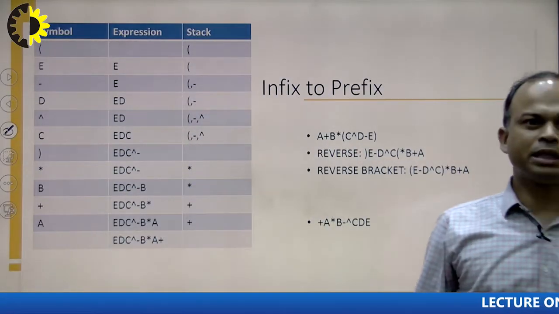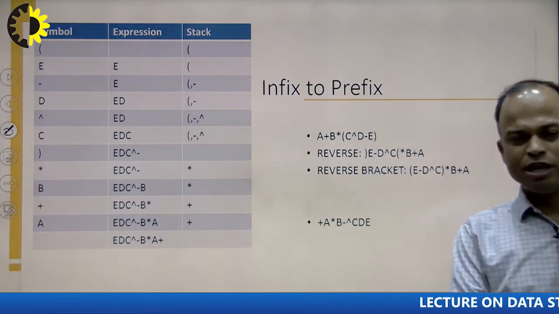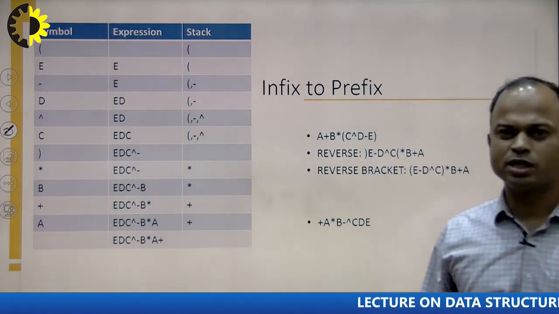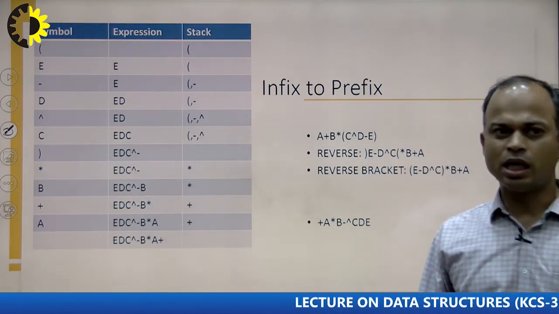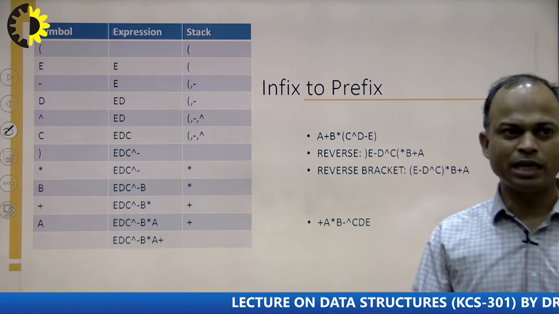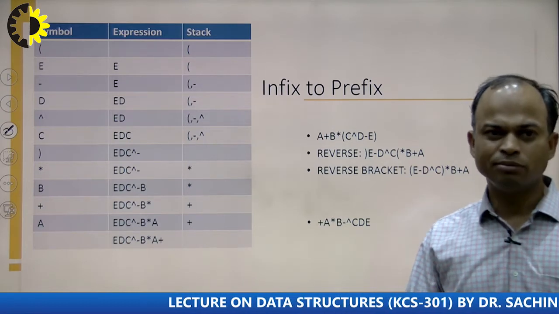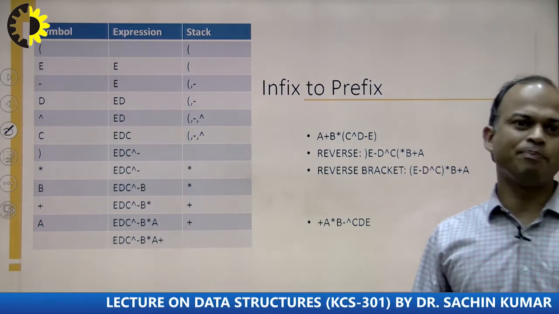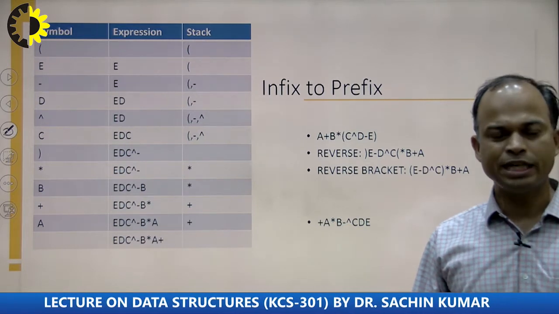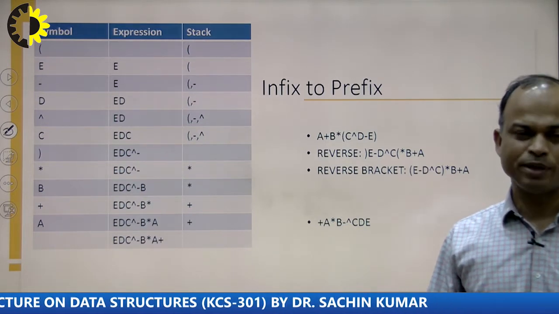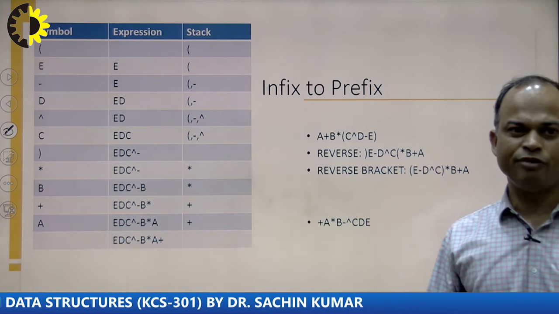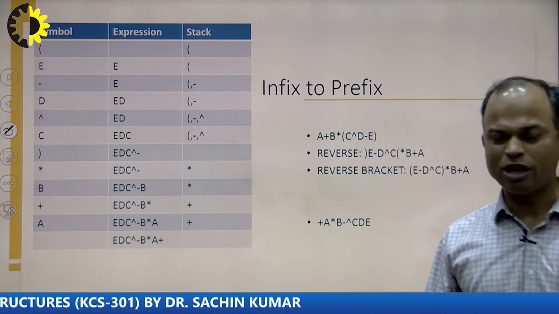Now, if we talk about the next conversion, infix to prefix, how we can convert an infix expression to a prefix expression. Further, we have the string A plus B multiply C power D minus E. How can we convert this infix string to prefix?